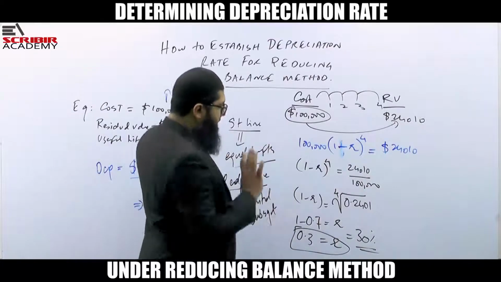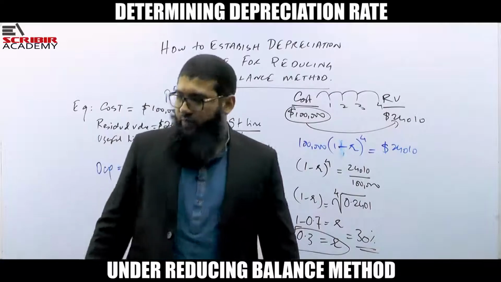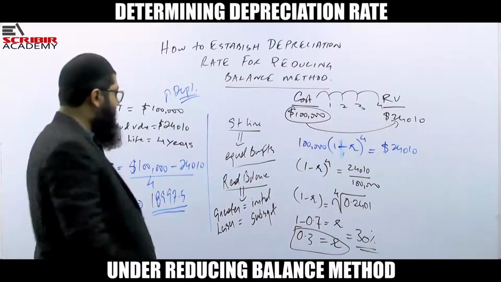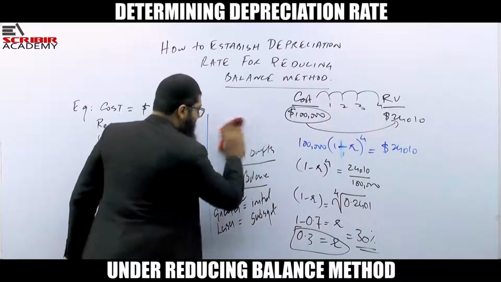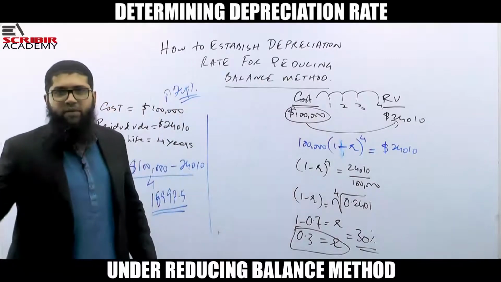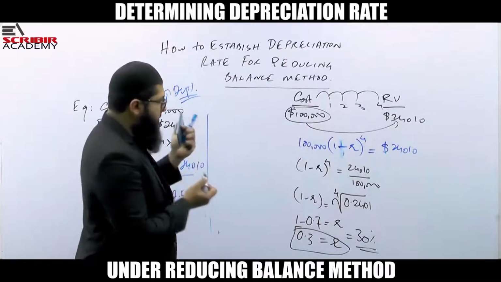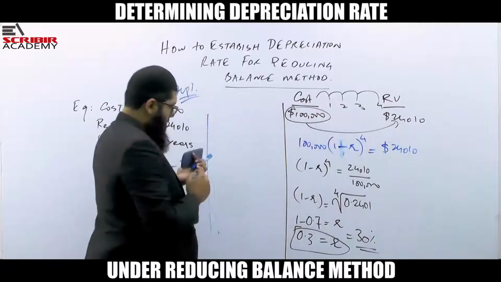So 30% is what the rate is. Now, a lot of you would ask me to demonstrate that it is actually 30% that is going to be used. So let me guide you that this is actually going to be 30%, which would lead you to the achievement of 24,010. Now let's just see.